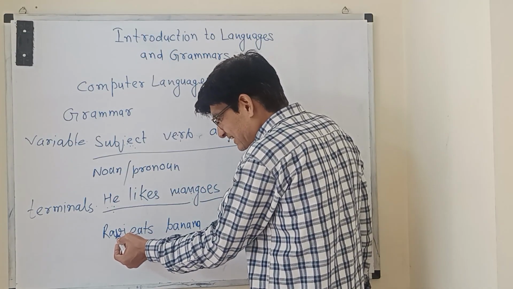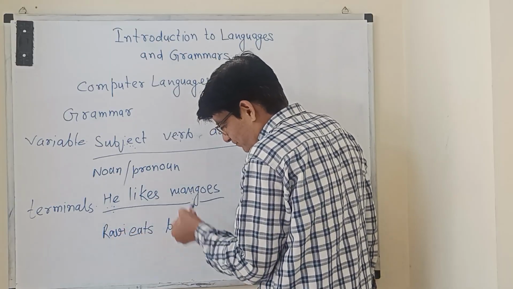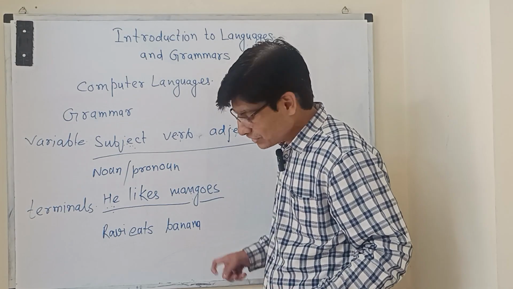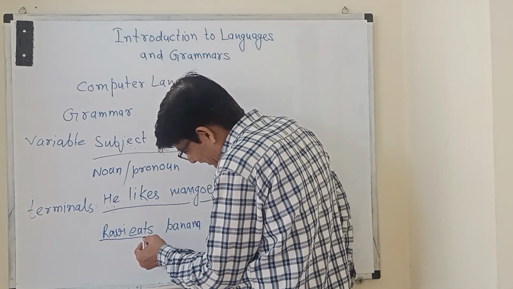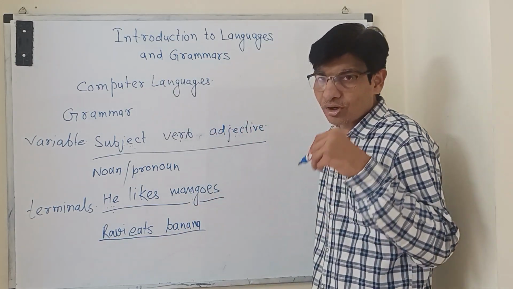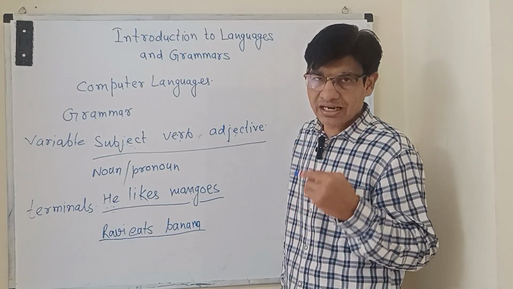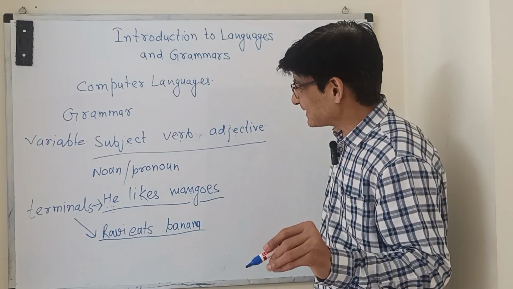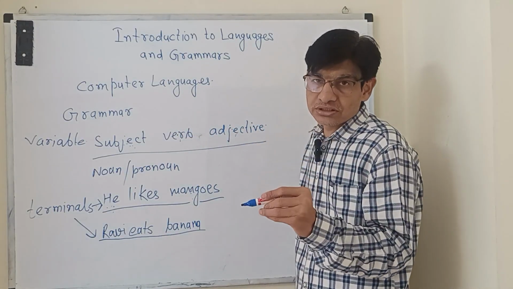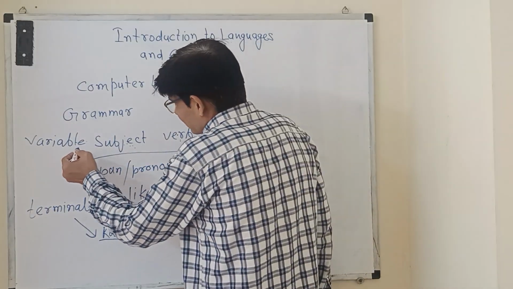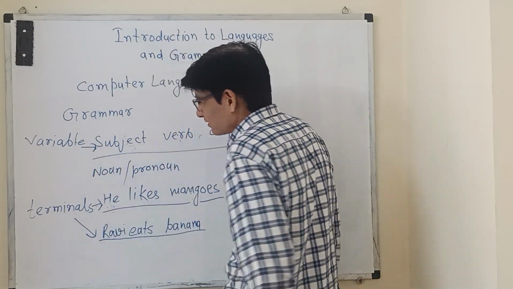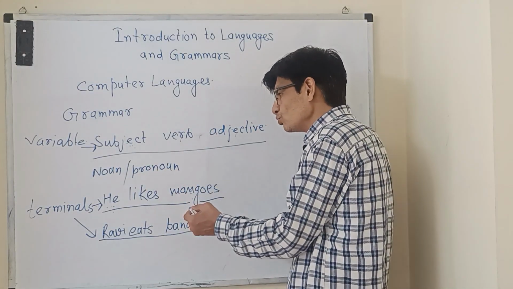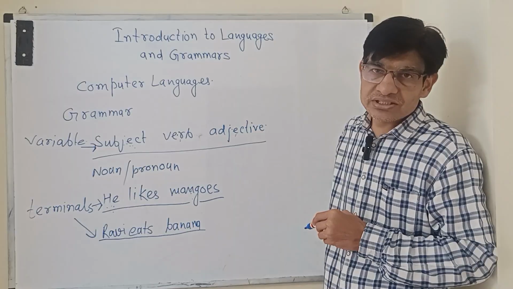All these words are terminals, because they cannot be replaced by some other words. So this is a final string. Words or alphabets in final strings are considered terminals, while the words in grammatical rules are considered variables.